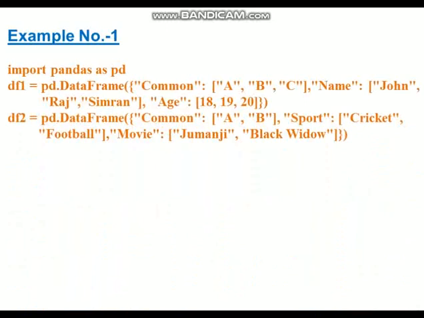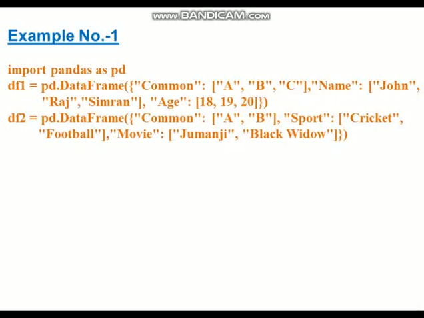In the df1 data frame we are passing a dictionary of lists: common as the first key with value A, B, C as the list, name as the second key with John, Raj, Simran as the list, age as the third key with 18, 19, 20 as the list.